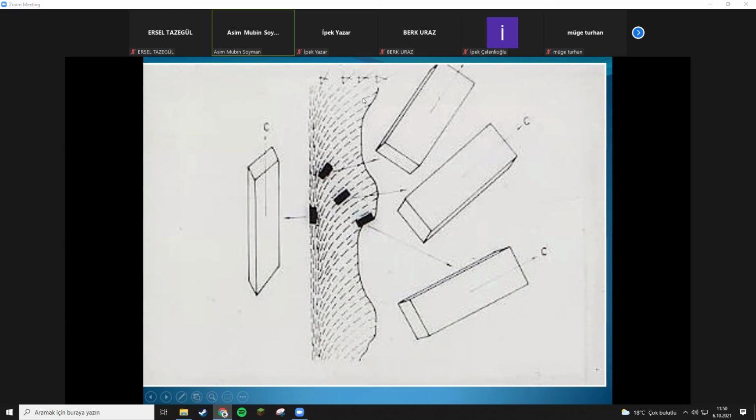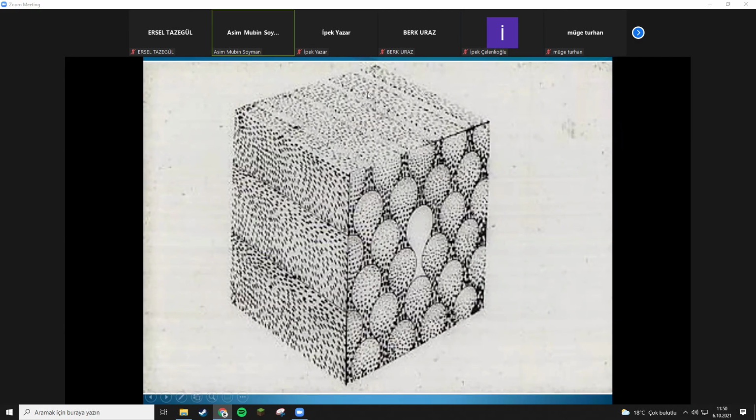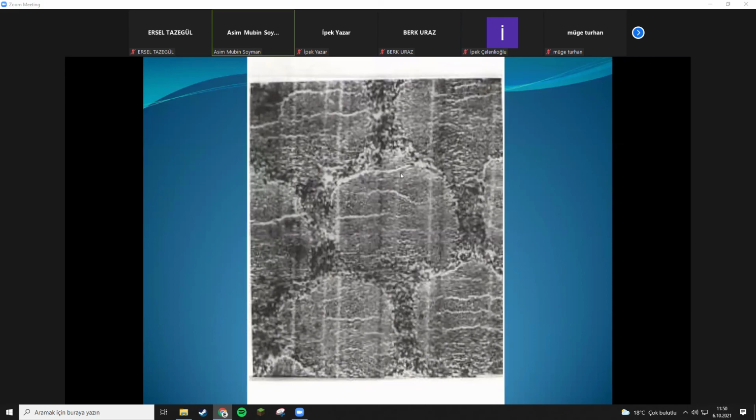This is the appearance of the enamel. Now remember this configuration.